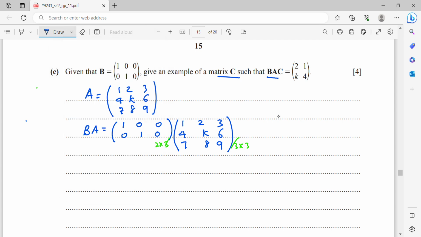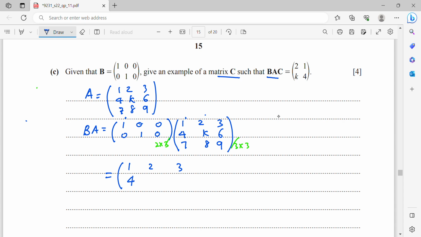Now I do the expansion first. It will be 1 times 1, which is 1, plus 0 times 4 is 0, 0 times 7 is 0. That's my first entry. Then 1 times 2 is 2, 0 times the rest is 0. Then 1 times 3 is 3, 0 times 6 plus 0 times 9 is 0. The second row will be 0 times 1 is 0, plus 1 times 4, I get 4.